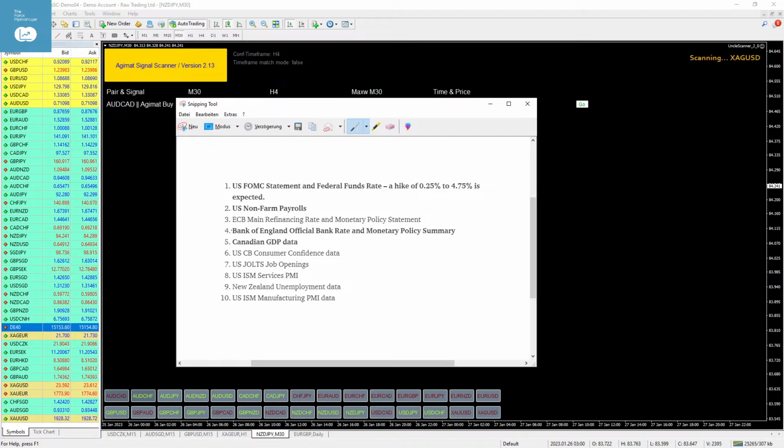And then we have the Bank of England with its monetary policy summary and so on. A lot of news in the new week, which is basically good because then maybe the market forms good trends. But this also means that we have to watch the market very closely and that it's not so easy to forecast something. So please keep this news in mind in the new week.